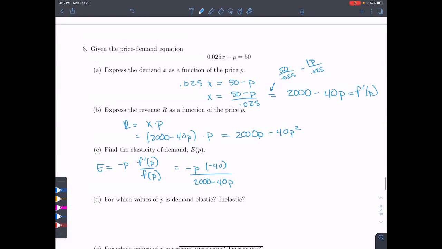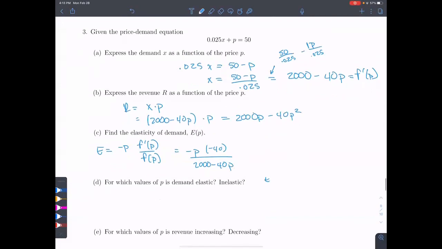All right, and then the question is, it doesn't give us specific values for p to try, but just for what values of p is demand elastic or inelastic. So we want to know when is E greater than 1, that would be elastic, and when is E less than 1, because that would be inelastic.